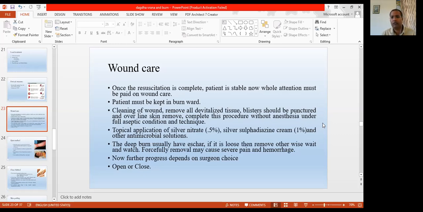To prevent infection, silver nitrate is a very good agent. 0.5% silver nitrate solution you can apply from time to time, every 4 to 5 hours, just a little, one film, to the burn site in the deep one.